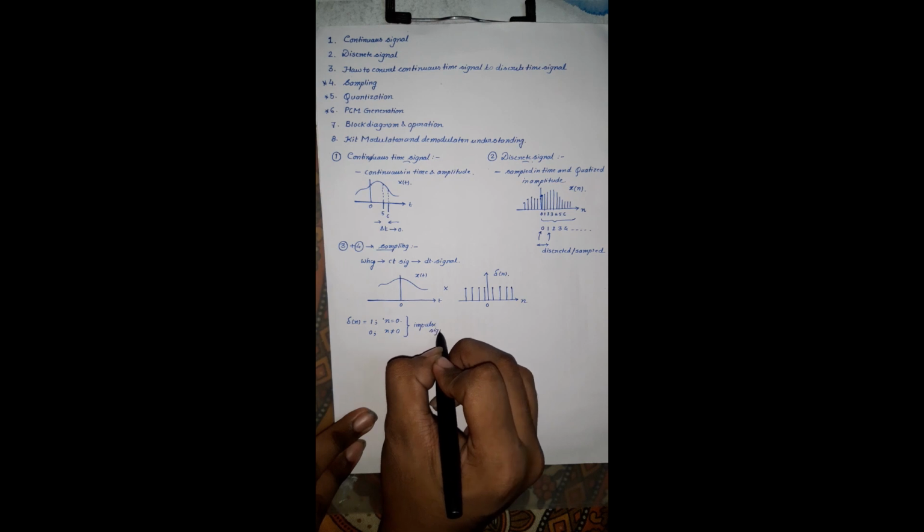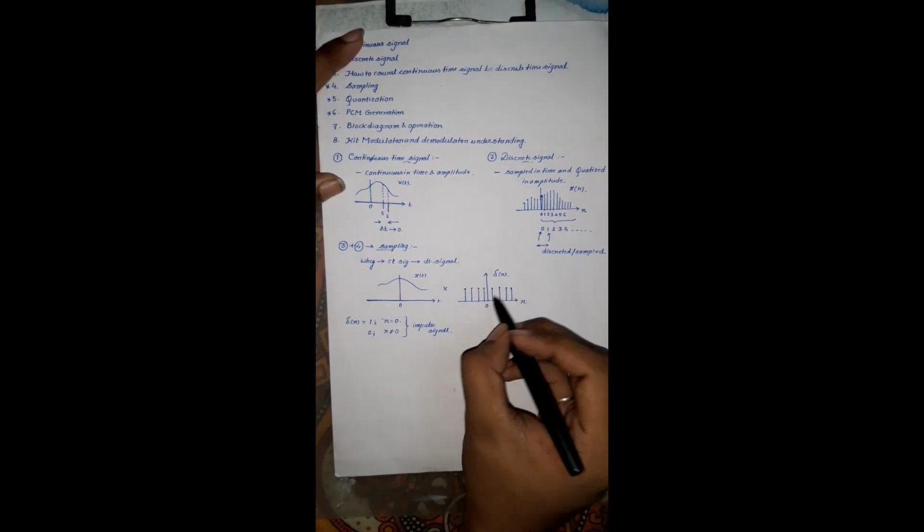That means the signal has only a single value, that is 1, at n equal to 0, and at every other position the signal has no value, that is 0.